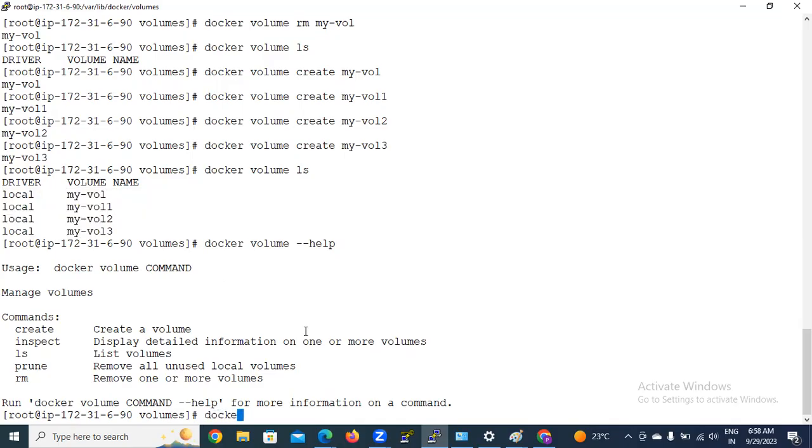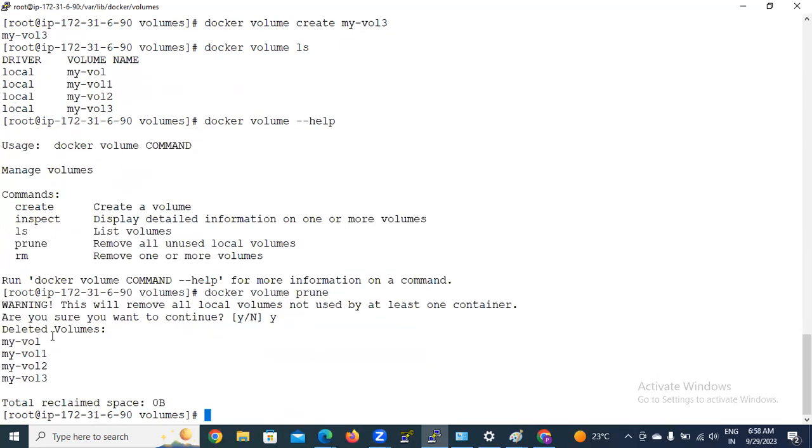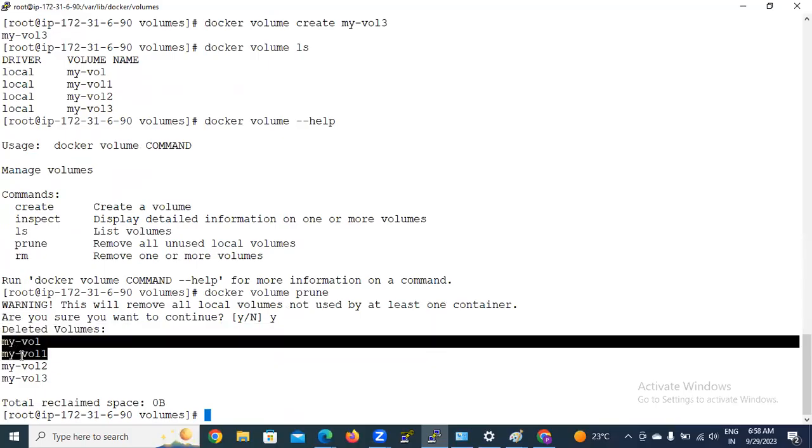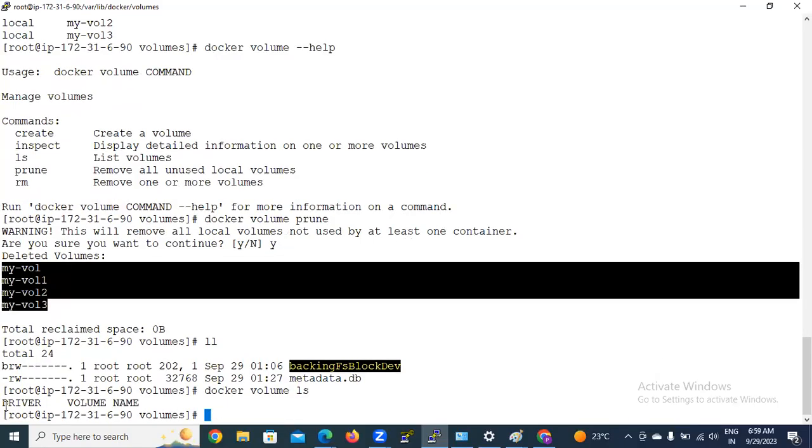See this command very carefully: docker volume prune. When we hit enter, what happened? It will ask yes or no, do you want to delete that? Yes. It is written that it deleted all four. And now see, docker volume ls. Nothing is there. What happened?